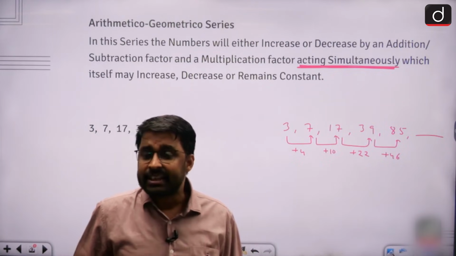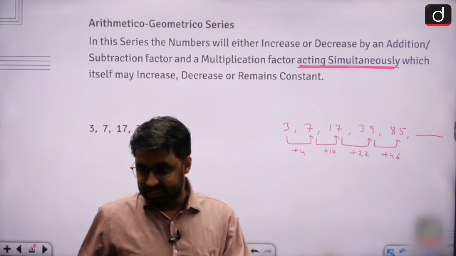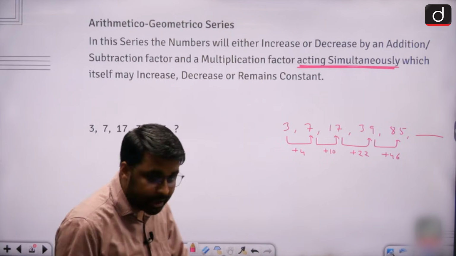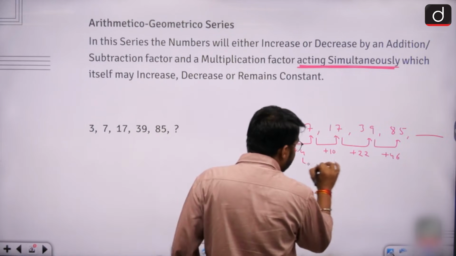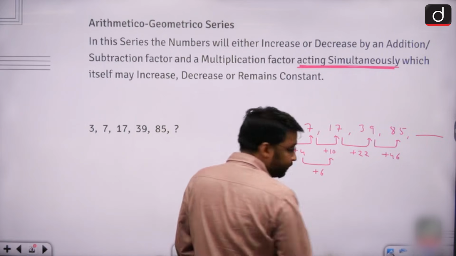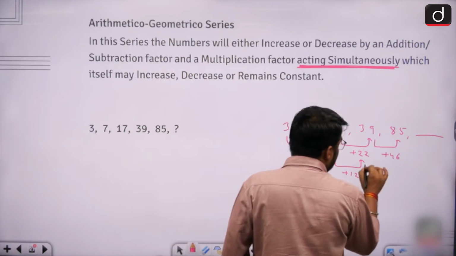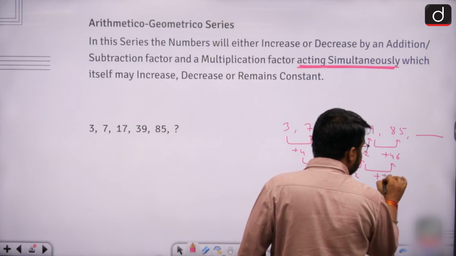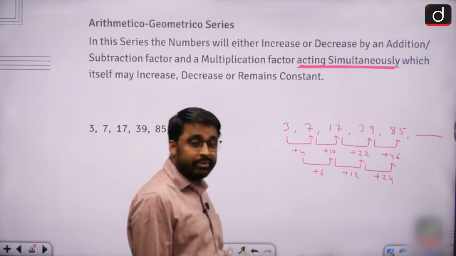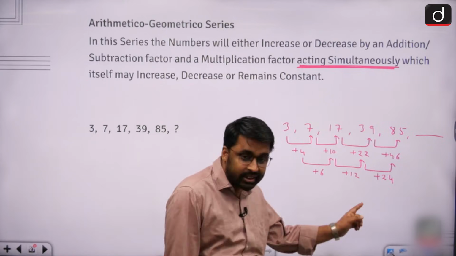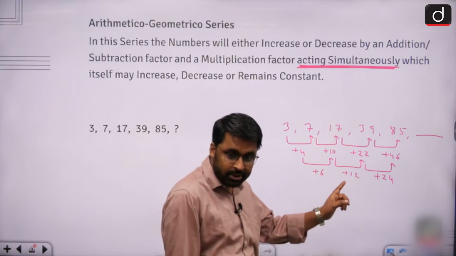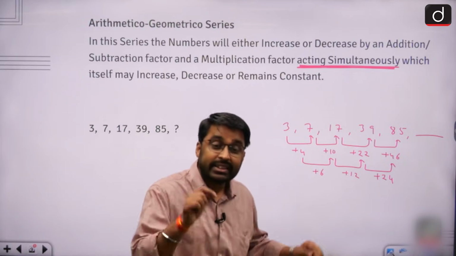No. Initially these addition factors will not make sense to you, but if you observe them closely, you can see that the difference between 4 and 10 is 6. The difference between 10 and 22 is 12. And the difference between 22 and 46 is 24. So now I see that the next difference between the addition factors was twice the previous difference.